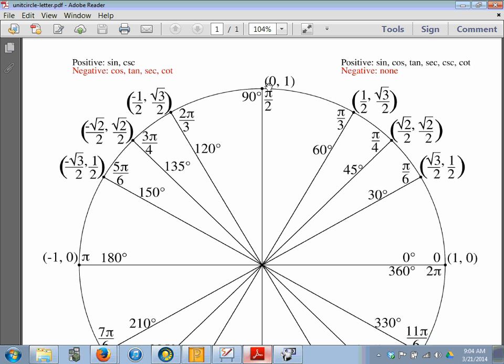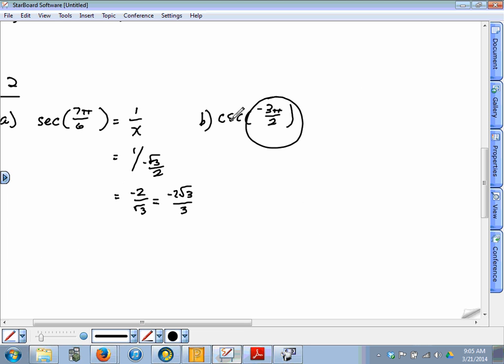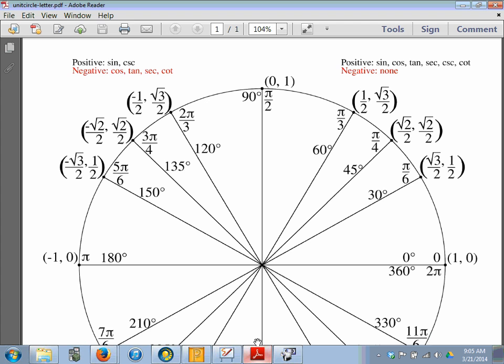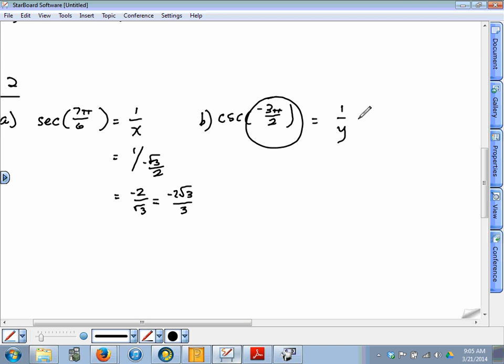The point is 0, 1. X is 0, y is 1. Now we're doing cosecant, which is 1 over y. What's the y value at 90 degrees, or pi over 2, or negative 3 pi over 2? The y value there is 1. So it's 1 divided by 1, which is 1. The cosecant of negative 3 pi over 2 is equal to 1.